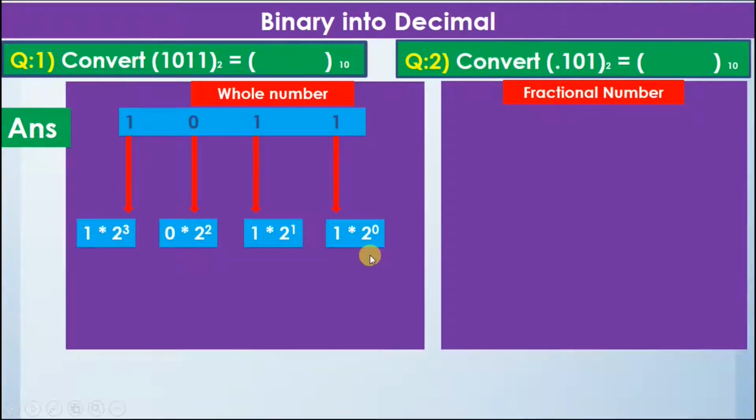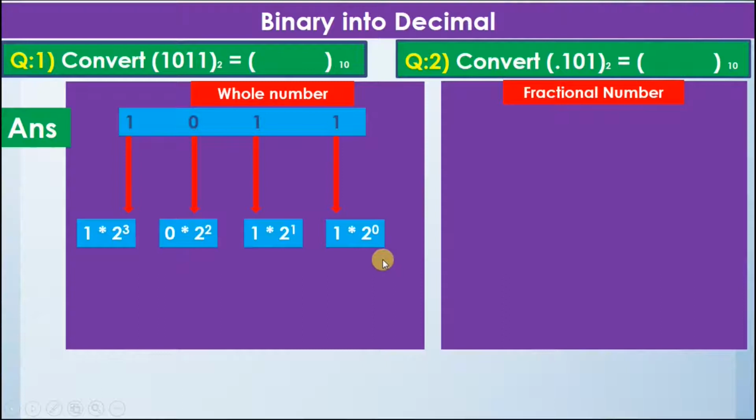As you can see, the powers of 2 are increasing from right to left, starting from 0 and then moving ahead: 2 raised to power 0, 2 raised to power 1, 2 raised to power 2 and 2 raised to power 3. In this way we will solve all questions that have whole numbers.